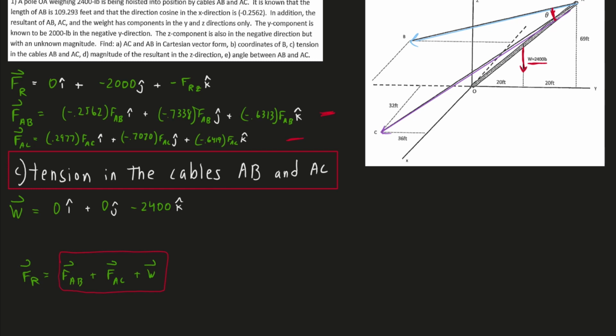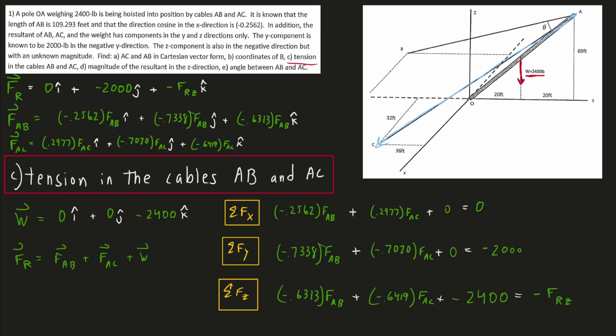We'll add up the x components and set that equal to the x component of the resultant, the y components, and set that equal to the y component of the resultant, and the same for the z. And from that, we'll get these three equations. So we have three unknowns, the force in AB, the force in AC, and the z component of the resultant, and we have three equations. So we have enough information to solve for our unknowns.